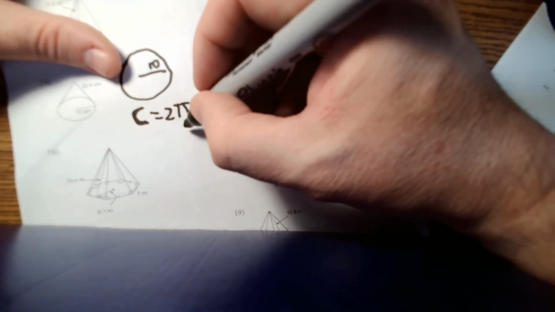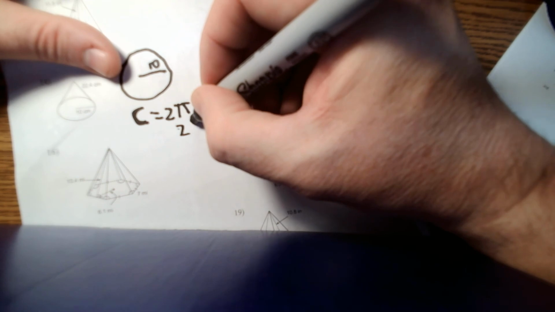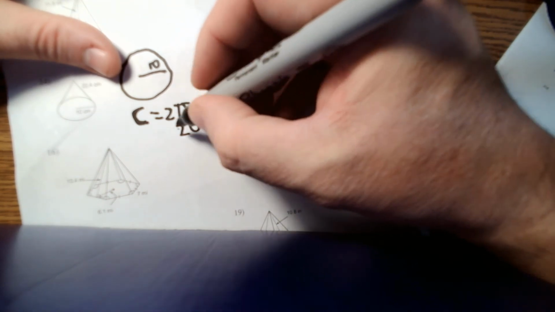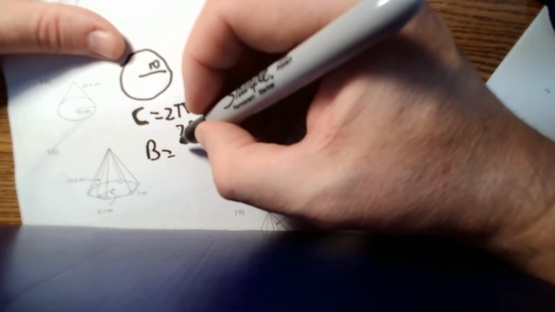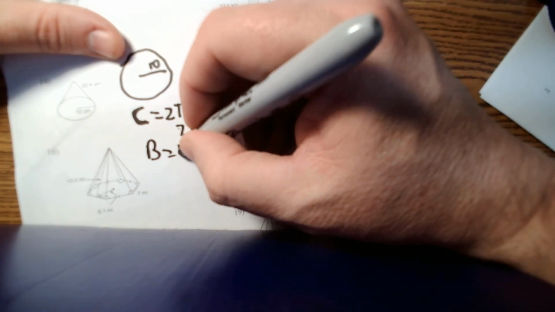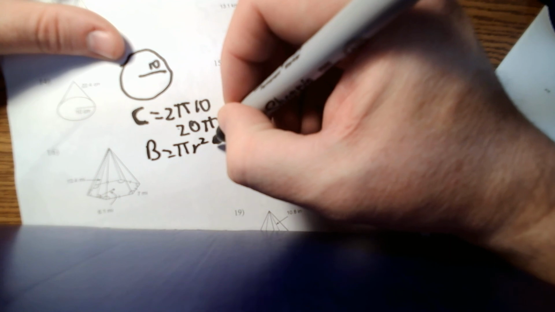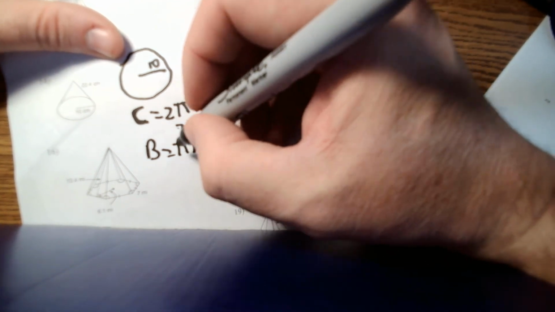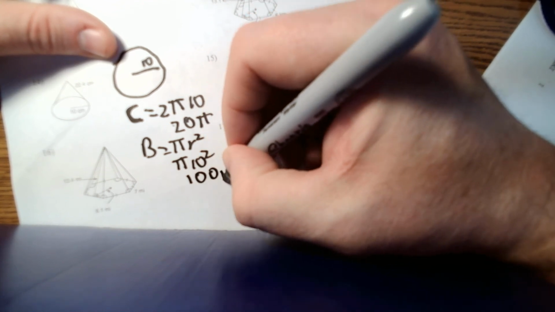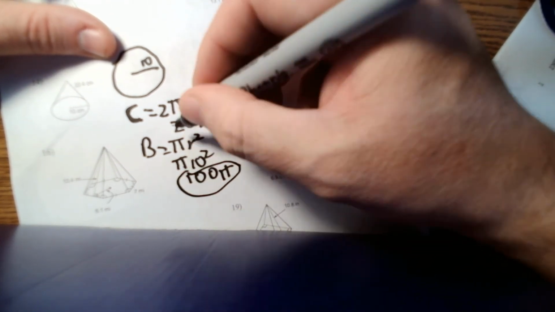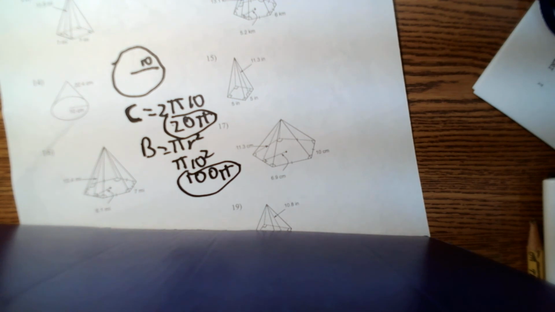So the circumference would end up being, what, 20 pi? And the area of the base would basically be, well, pi r squared, right? Pi r squared. So that would be pi 10 squared, or 100 pi. Okay, do we see how I did that? And then you can just put it into the same formula, and you'll be fine.